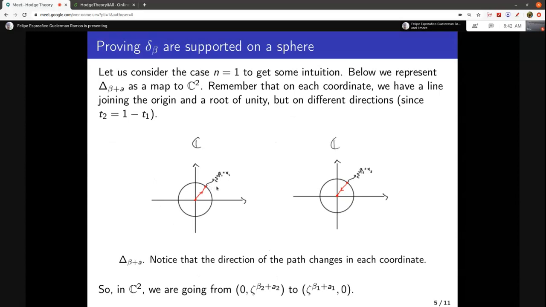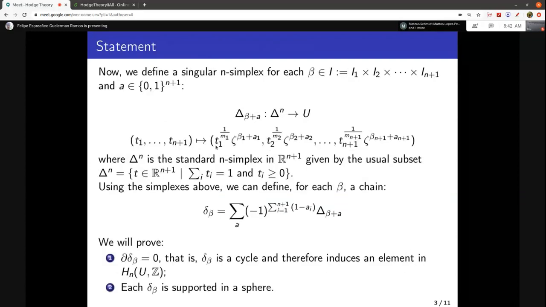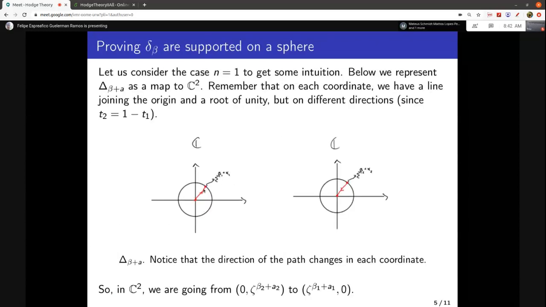And then in the other coordinate, we have the same thing, but in a different direction because T2 is 1 minus T1, right? So if these are going from 0 to the root of unity, then in the other coordinate, we are going from the root of unity to 0, right? Because T2 is 1 minus T1, so when T1 is 0, this is 1, and when this is 1, this is 0, right? So we have one going from the origin to the boundary and the other from the boundary to the origin.